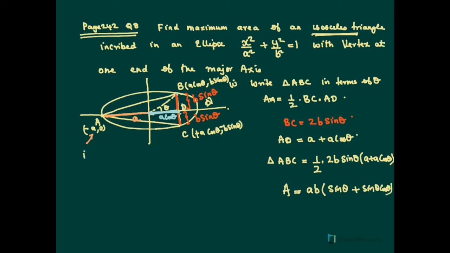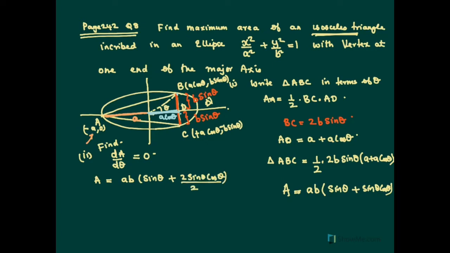Now you are going to take dA by d theta and equate it to 0. But before taking dA by d theta, it's a good idea to simplify this expression. Why? Because we want to avoid the product rule. So A is equal to ab sin theta plus, multiplying up and down with 2, 2 sin theta cos theta upon 2.